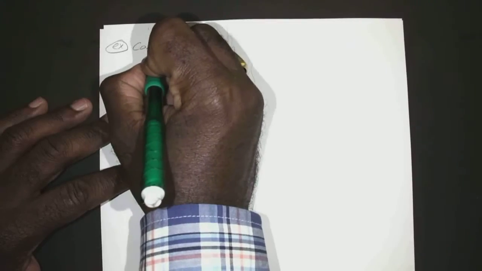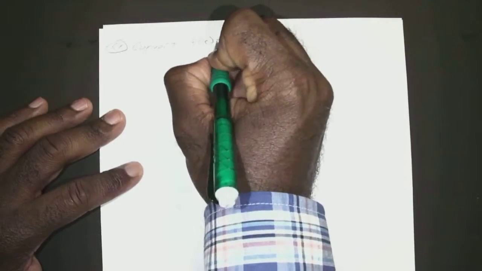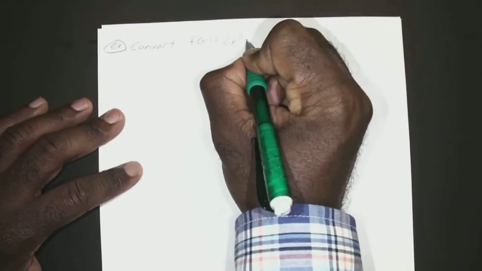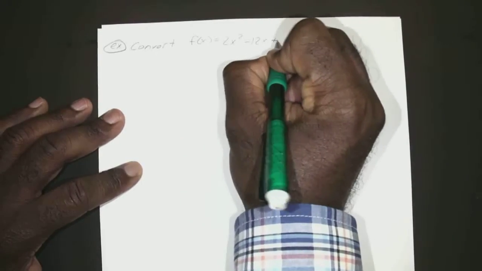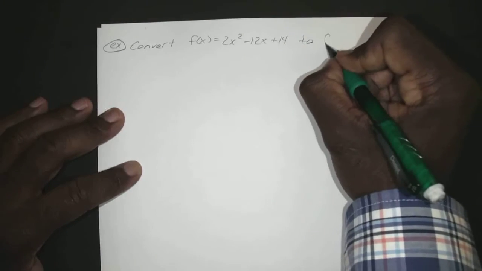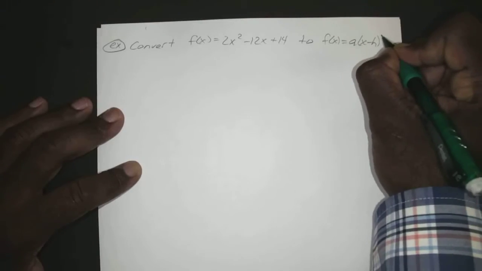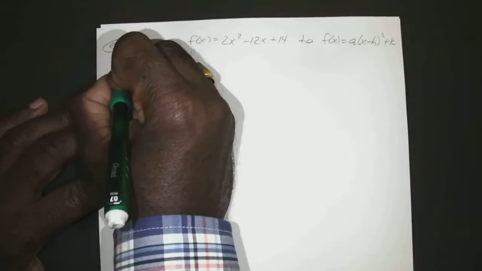So if we wanted to convert f of x equals 2x squared minus 12x plus 14 to f of x equals a times x minus h squared plus k form.